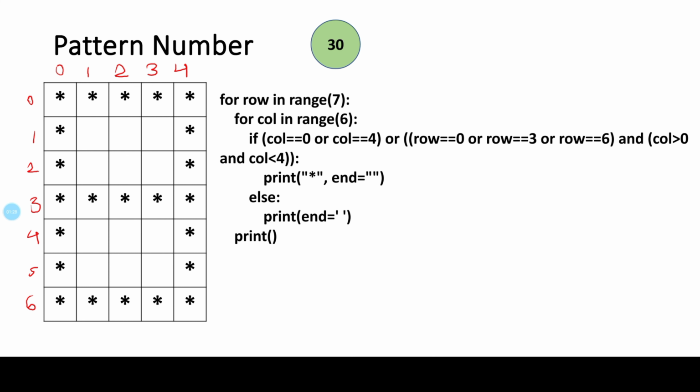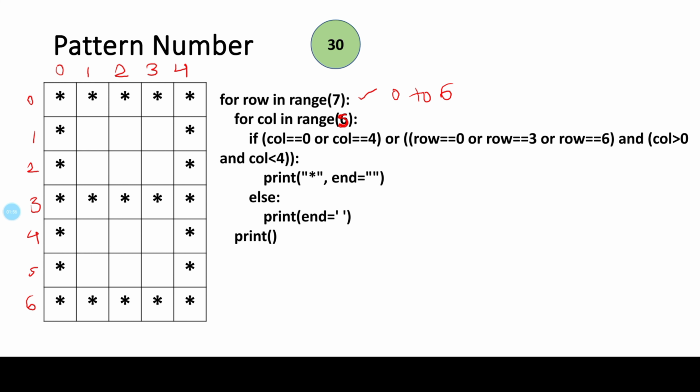Right? So here you can see clearly that there are 7 rows, and for rows in range I have kept 7 because it will be going from 0 to 6. Similarly, talking about the columns, there are 5 columns, so you can actually change this to 5, right?